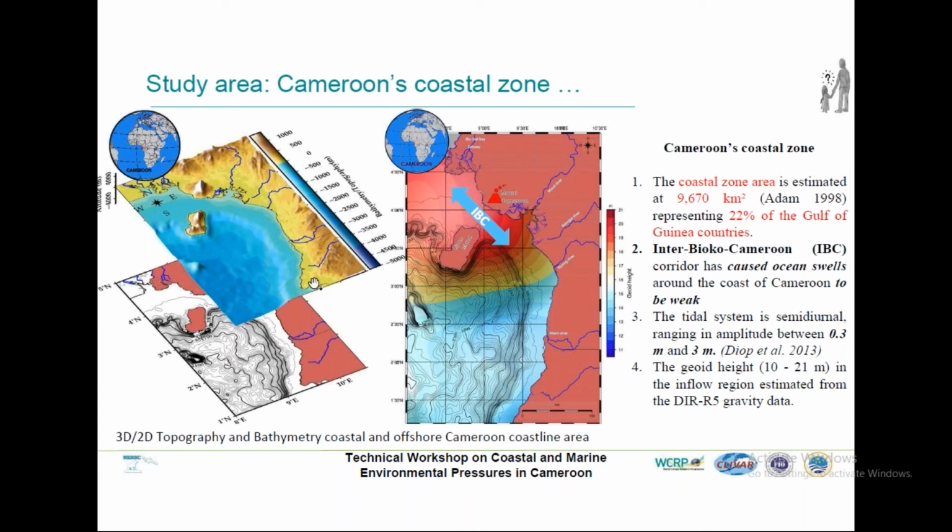So we found out that we have important corridors between Bioko and Mount Cameroon, so between Bioko and Limbe. And from this map, we found out the geoid is quite different from the observation that we have in Kribi than the one that we have in Douala and Limbe, making the geoid more important around the west part of the basin than the south part.